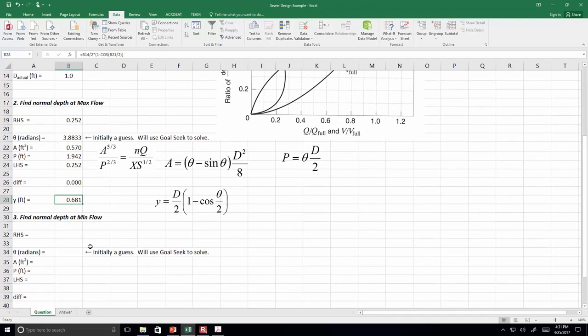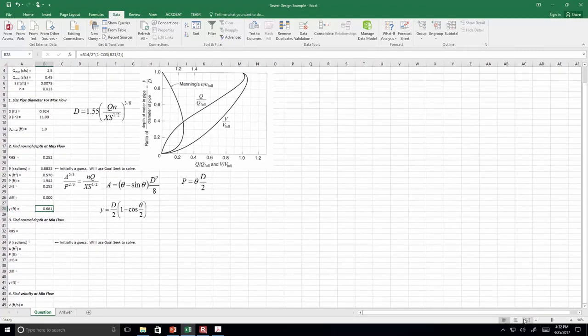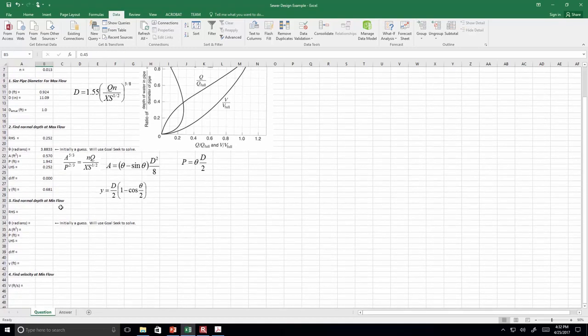Now, under minimum conditions, we want to do a similar thing, except now find out what the flow depth is when we have minimum conditions. That was this 0.45 cubic feet per second.